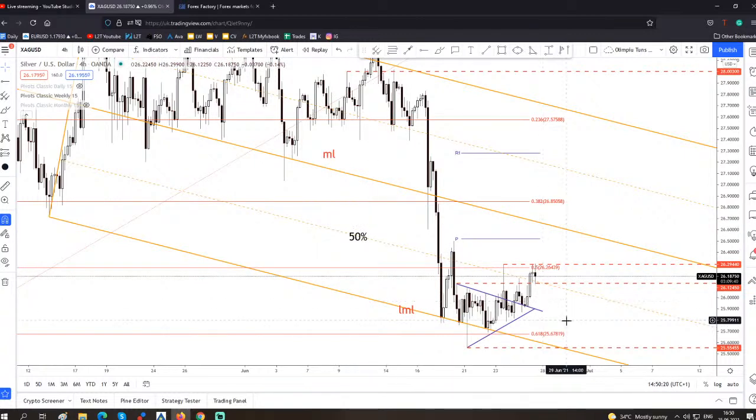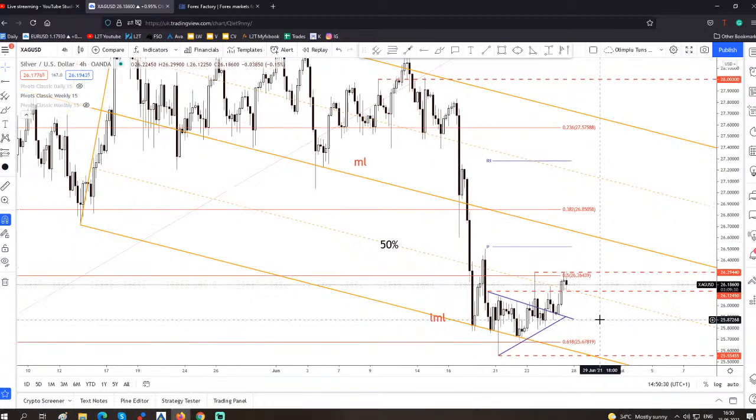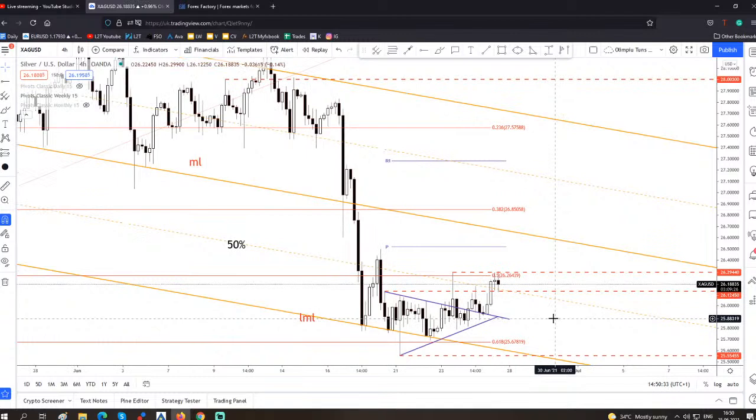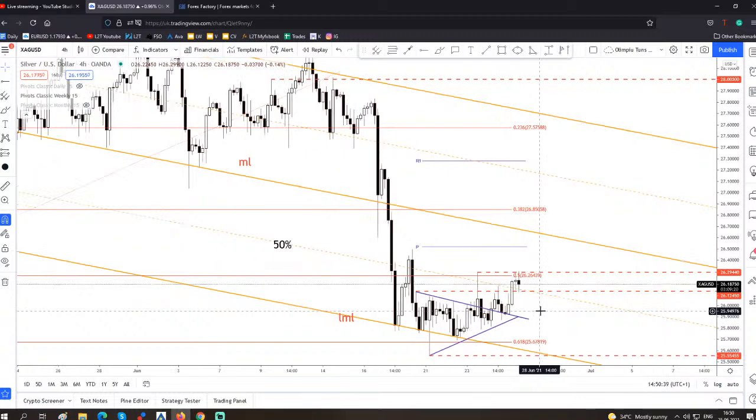A temporary consolidation here, a new higher high could signal potential growth here in silver. This is for VIPs and also for free members. Let's wait and see. Our position is still good, is still in profit, right?